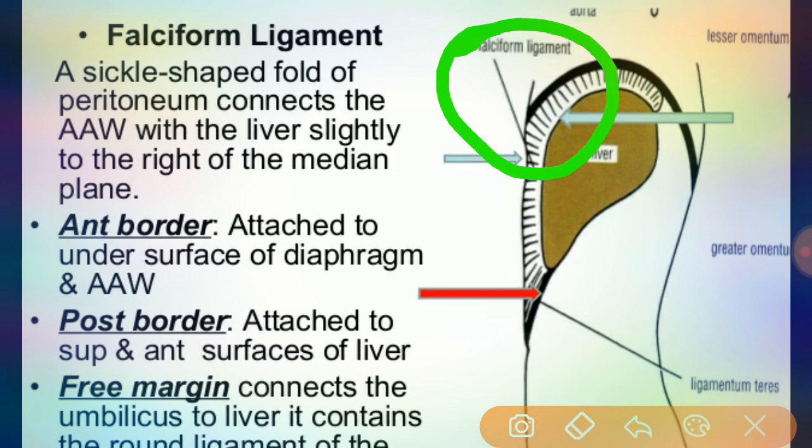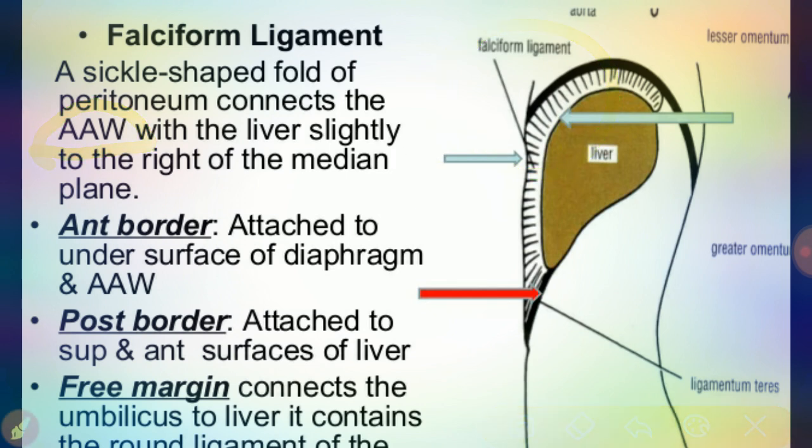Falci means sickle-shaped fold of peritoneum which connects the anterior abdominal wall with the liver, slightly to the right of the median plane.